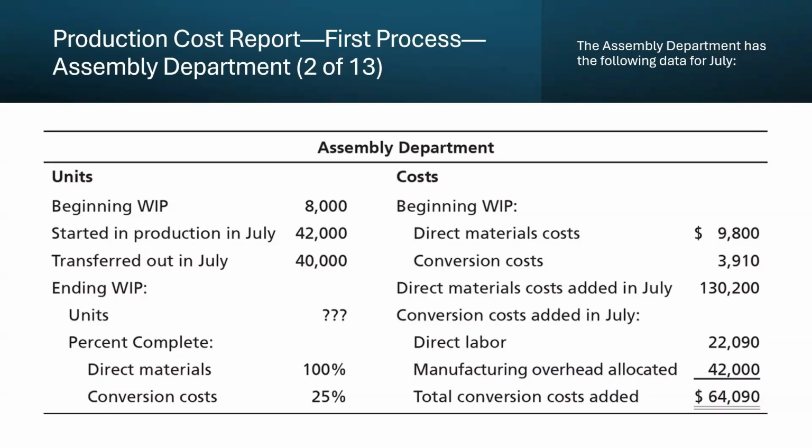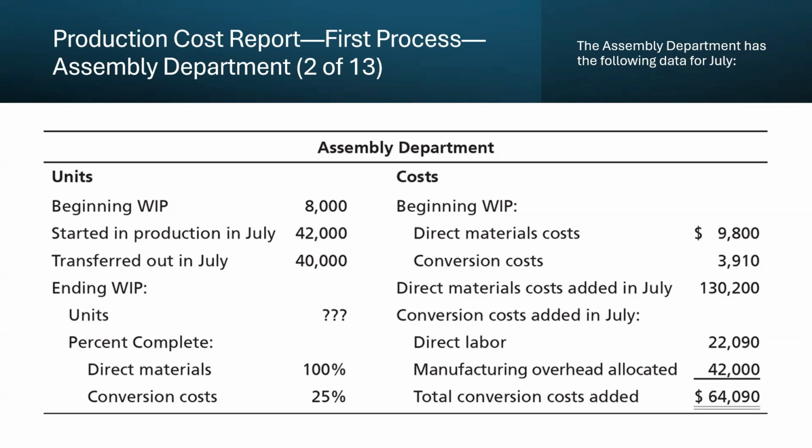The assembly department's data for the month of July is summarized here. For the assembly department, you have the units to the left, where you have the beginning WIP, started in production in July, and transferred out in July.